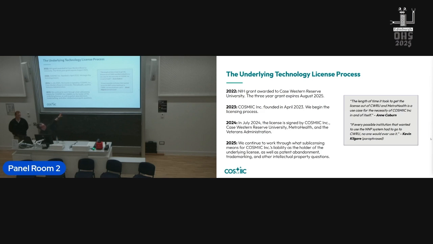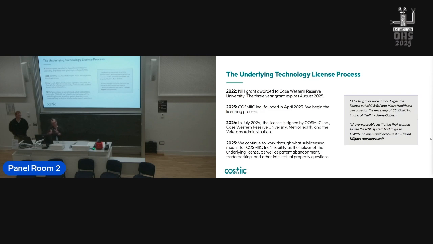One of the things that I said as part of this was that the length of time it took to get the license out of Case and Metro Health is a use case for the necessity of Cosmic Inc. in and of itself as a way to make research go faster and not slower. And Kevin Kilgore, who is the principal investigator behind the Cosmic system, said if every possible institution that wanted to use the NNP system had to go to Case, no one would ever use it.